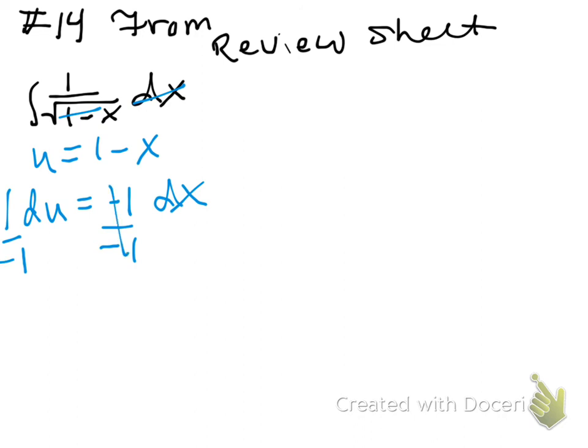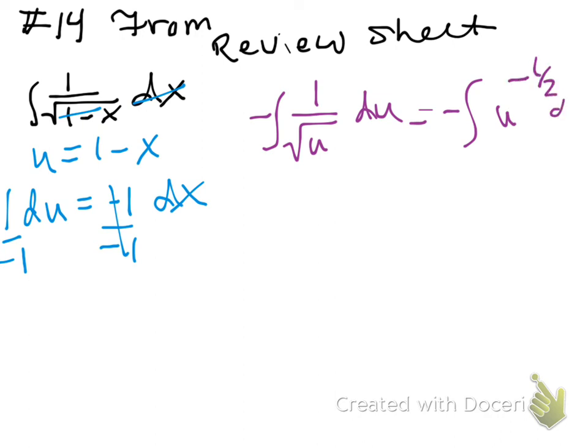So now it's time for us to rewrite the integral. As I'm rewriting the integral, I'm just going to write it as this negative 1 on the outside. 1 divided by the square root of u du, which is the same thing as negative times the integral of u to the negative 1/2 power du.